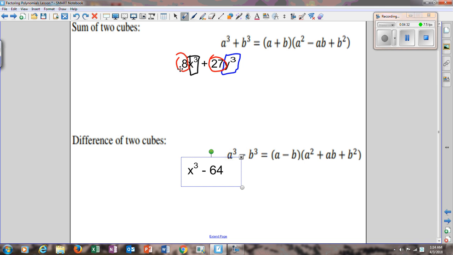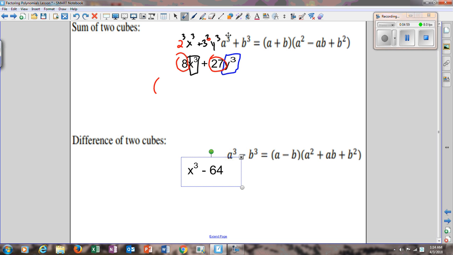Well, 2 cubed gives me 8, and 3 cubed gives me 27. So now I factor. This would really be 2 cubed x cubed plus 3 cubed y cubed. And that's if we're relating it to these terms.